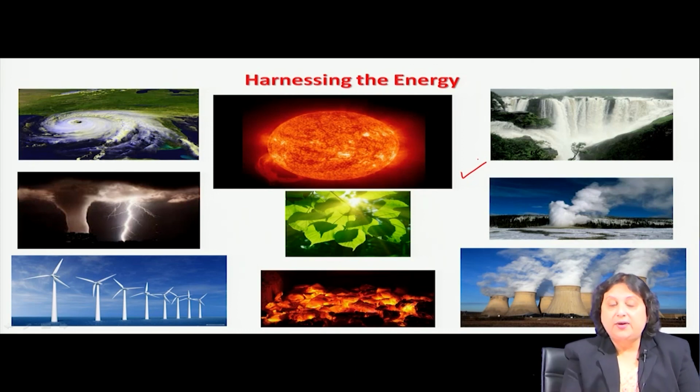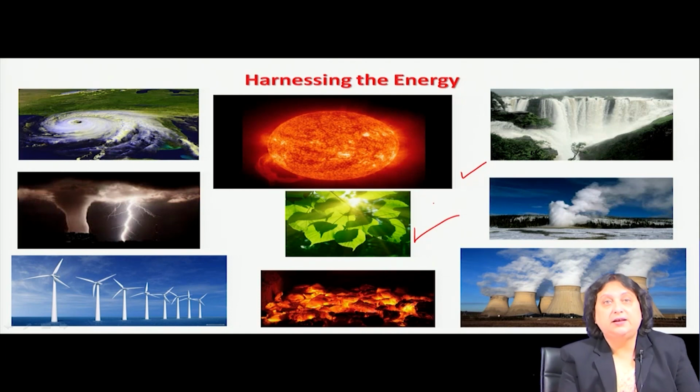These days, we have a lot of devices employing solar power to convert into some useful form of energy by which I can drive useful machines. We also know that plants use solar energy, and therefore these are the best machines available in the nature to convert solar energy into chemical energy that is stored in the form of glucose.